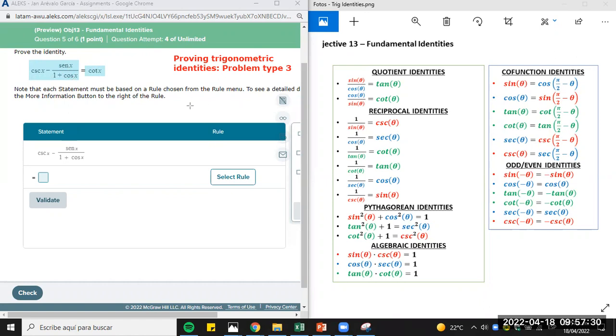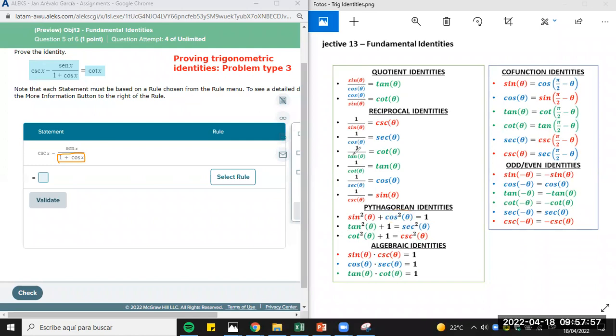Okay, this is a rather long one, just as the other example of type 3. The first thing we will have to do, I choose this on purpose because when you see a denominator like this one, you think maybe it's a Pythagorean, but we don't have the square.